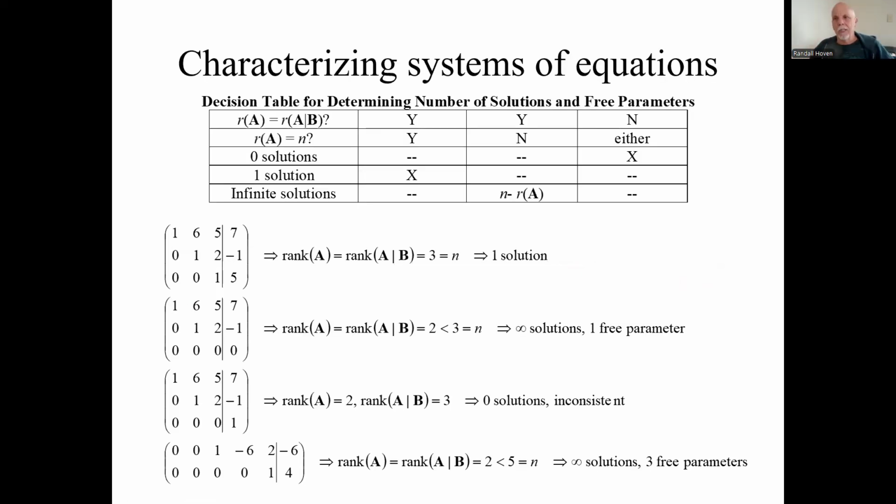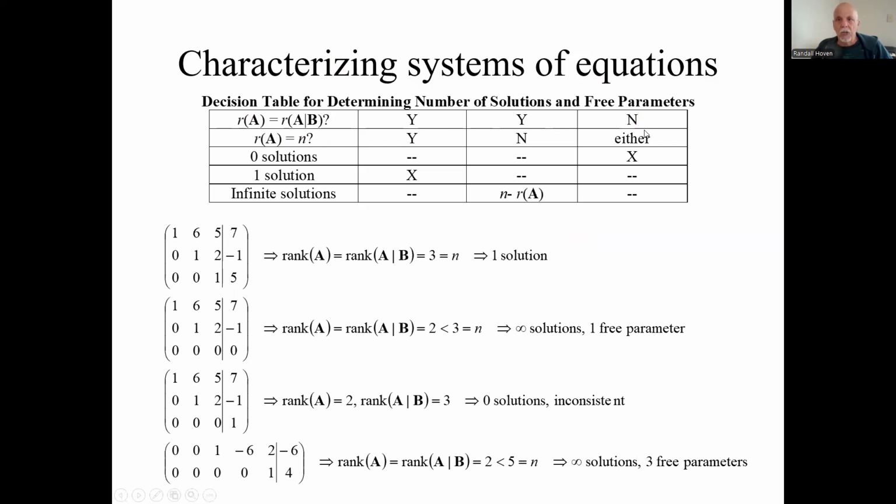We can put it all together, or at least I like to. Here's a decision table to characterize systems of equations. I have two questions to answer. Is the rank of the augmented matrix equal to the rank of A itself? And is that rank equal to n, the number of columns of A, which is the number of variables? You can have a yes or no answer to either of those questions.